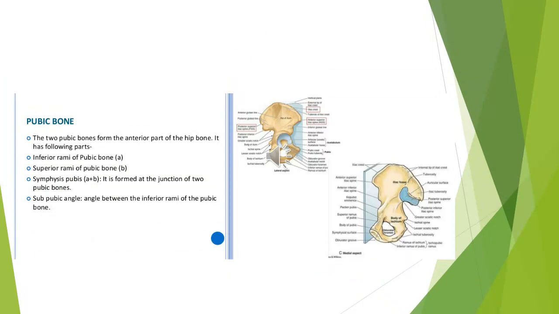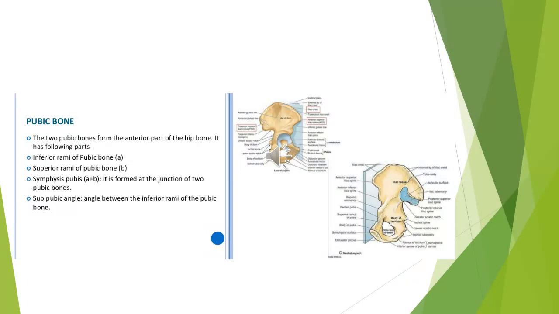Then the other bone involved in the anterior part is the pubic bone. The two pubic bones form the anterior part of the hip bone. It consists of a body and two rami, the inferior ramus and the superior ramus of the pubis.